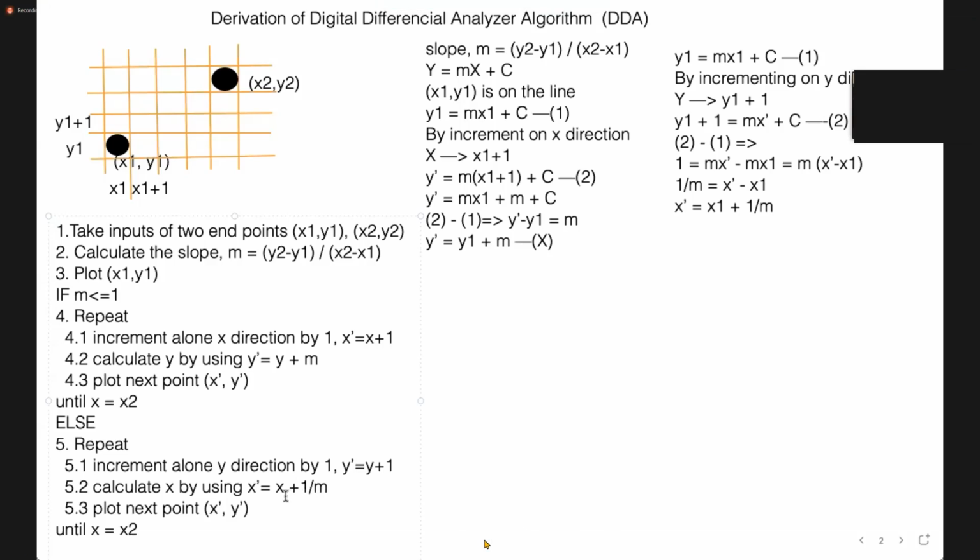Plot the next point x dash, y dash. And we have to do this until y equals y2. Earlier we were going until x2. Here it goes until y2 and we plot it.